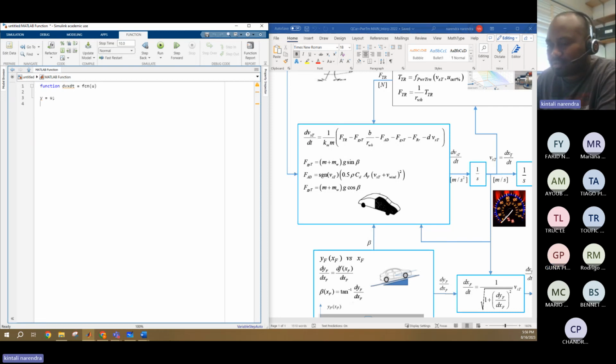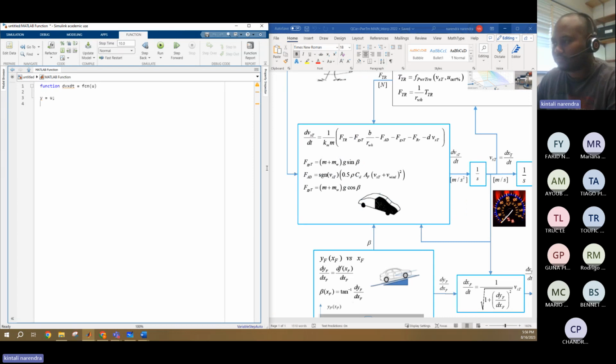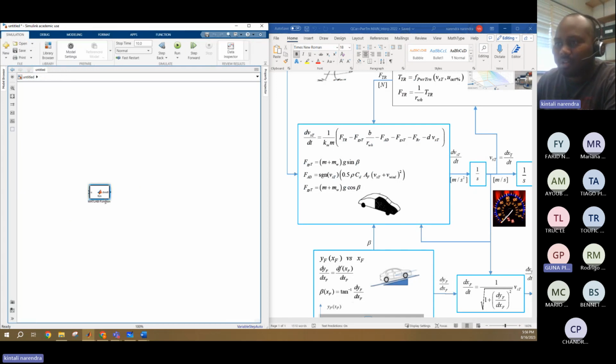The output of the vehicle is acceleration. This equation here, dvx is taken out and rewritten in this form. For my block, my output is nothing but acceleration.